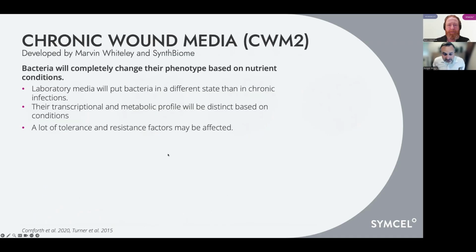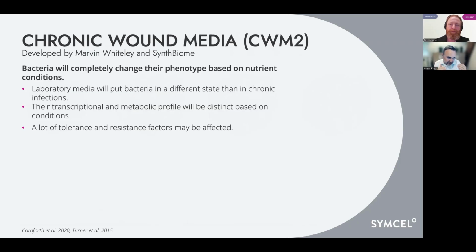So we have mixed this technology with something that was developed by Marvin Whiteley and his company SynthBio in Atlanta. They call it the Chronic Wound Media 2. And this is really a media that has been developed to tackle a couple of problems.